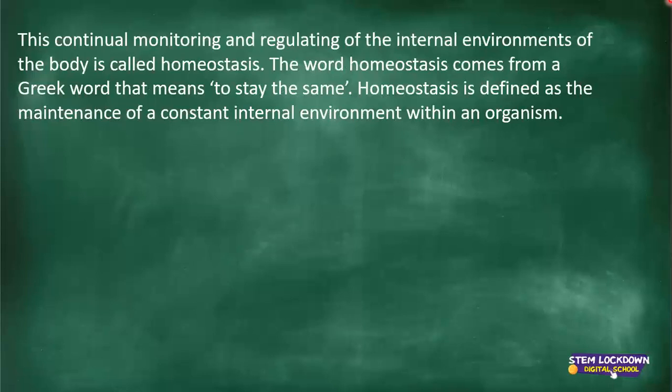So you remember when we did the endocrine system, we discussed that the point of the endocrine system is to maintain order, to maintain balance. That's exactly the same thing that's happening with homeostasis here. It's just that with homeostasis, we are not only focused on the endocrine glands, but endocrine glands are part of homeostasis.